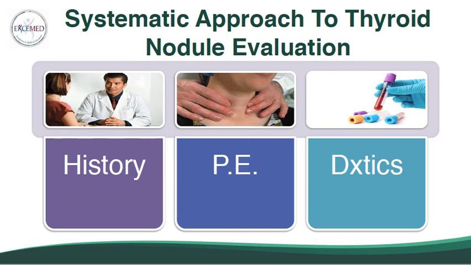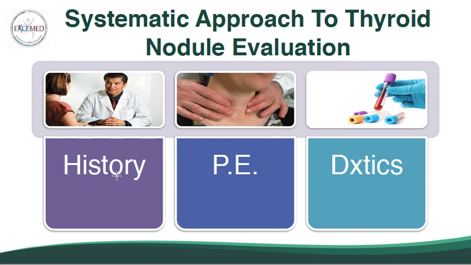So how do we approach a patient with thyroid nodules, such as in the case of CD? The first thing we need to do is a basic, thorough history. You need to ask the appropriate questions to give you more information on what kind of thyroid nodule it is.